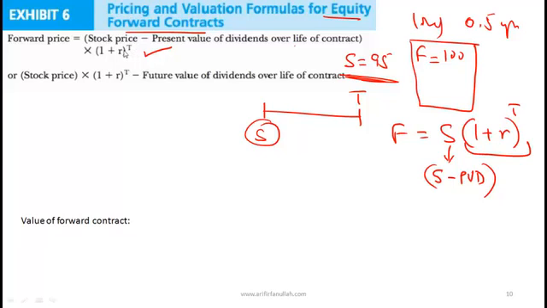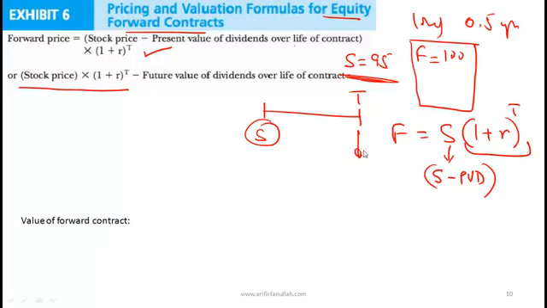A similar expression, just written in a different way, is, do you remember this formula now? Instead of S, we replace S minus PV, present value of dividends, into 1 plus r to the power of t. The other way of looking at it is, take the current stock price and take it forward at 1 plus r to the power of t, and then subtract the future value.